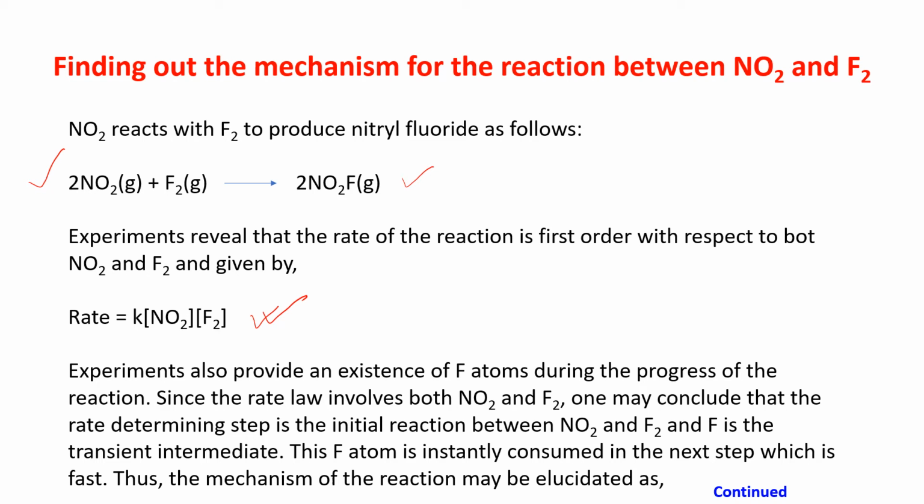Now experiments also show the existence of fluorine atom during the progress of the reaction. Since the rate law involves both NO2 and F2, one may conclude that the rate determining step is the initial reaction between NO2 and F2, and F is the transient intermediate.